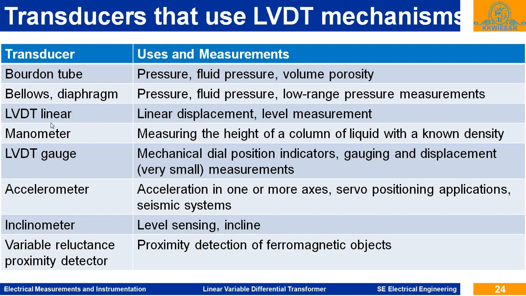LVDT, linear displacement and level measurement. In liquid tanks we can measure the level. Then the manometer, measuring the height of a column of liquid with a known density. LVDT gauge, which will measure the mechanical dial position indicator, gauging and displacement with a very small measurement.